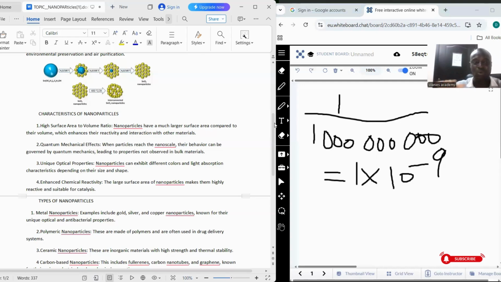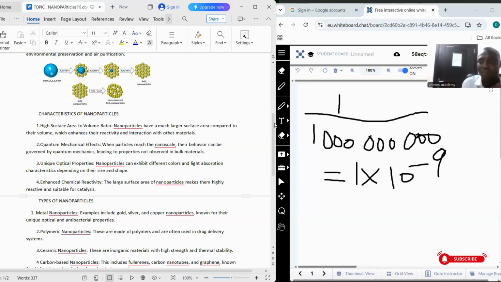Because when objects approach this extremely small size that we call the nano size, 1/1000th of the size of the material, the object starts exhibiting quantum mechanical behavioral patterns, leading them to exhibit properties that are not seen in bulk or in large material. So this property is called quantum mechanical effect.